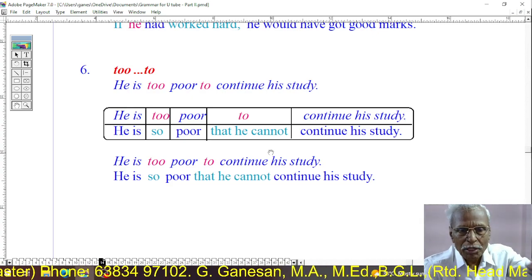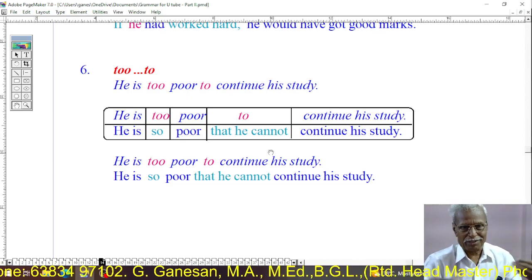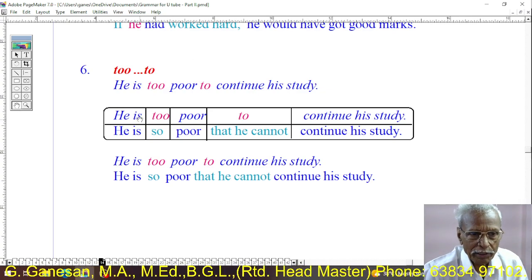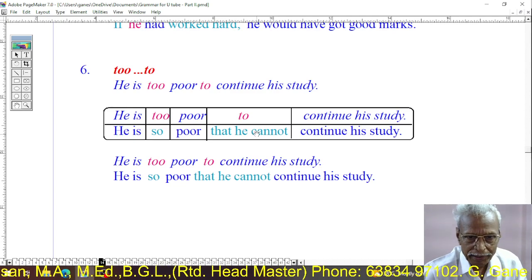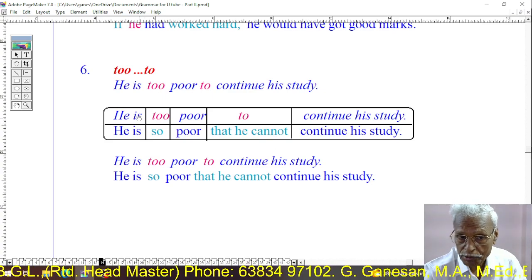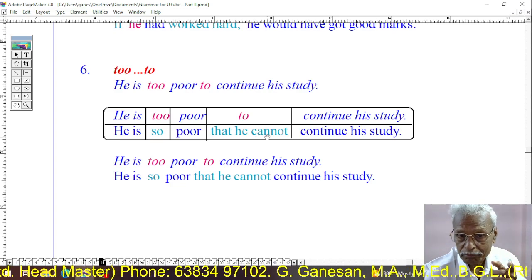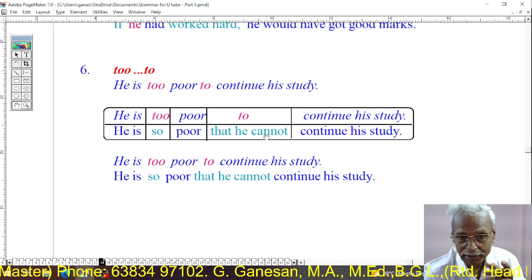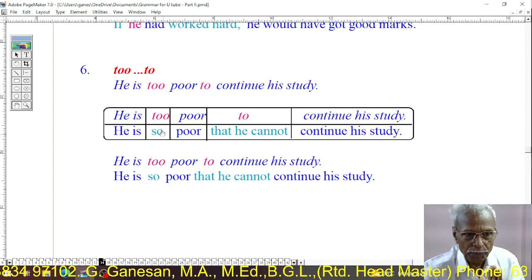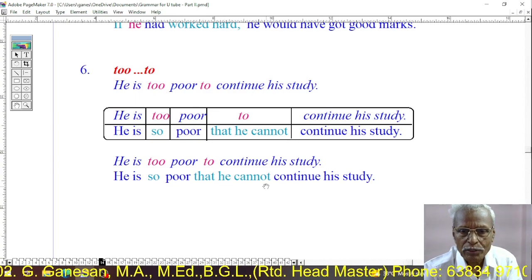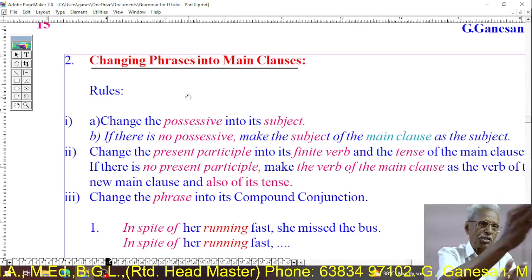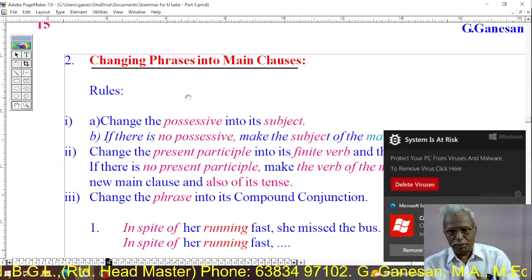Since we are going from phrase to complex, when the verb is present tense, "cannot." When it is past tense, "was" or "were," "could not." Am, is: "cannot." Was, were: "could not." He is too poor to continue his study. He is so poor that he could not continue his study. Thus we have seen how to change a phrase into a subordinate clause.